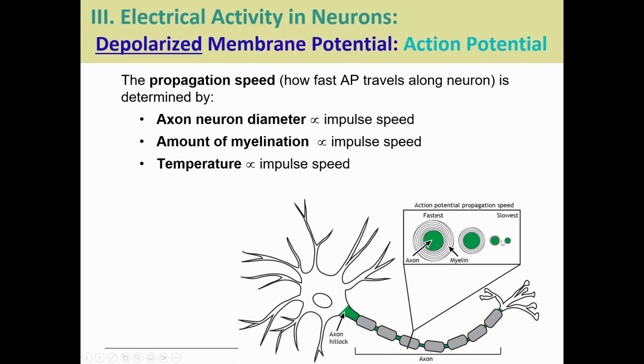These ones are smaller, so they're slower. And also the amount of myelination. This one has no myelination. This one has very little. They're on the slower end. But a thicker layer of myelination increases speed. And then temperature: as temperature increases, we can also increase speed.